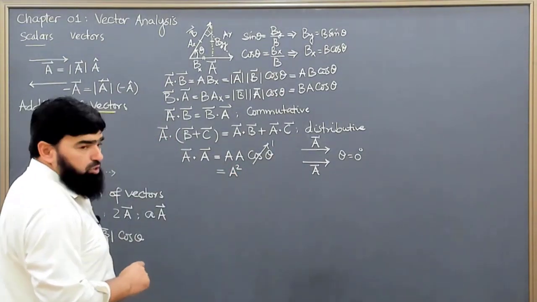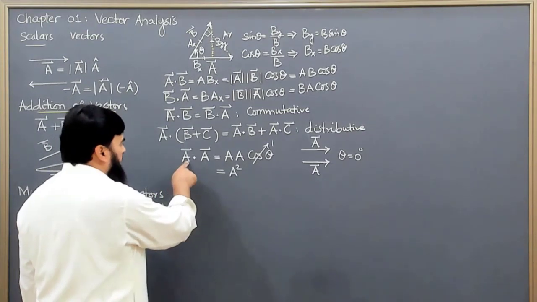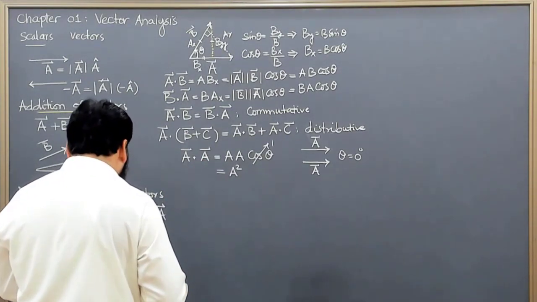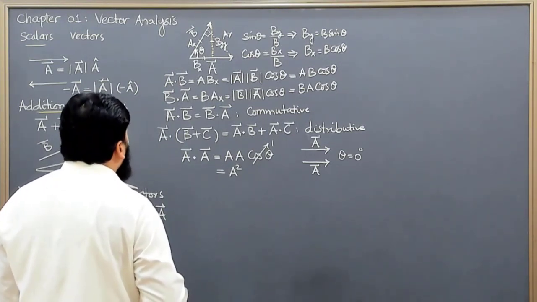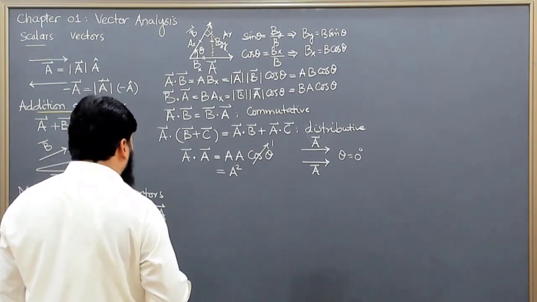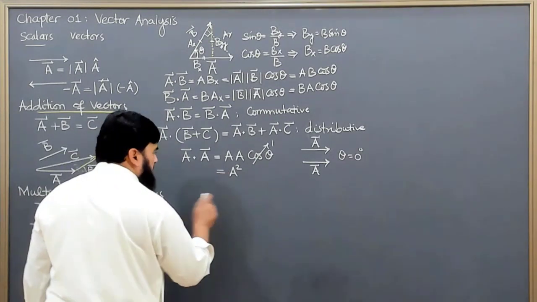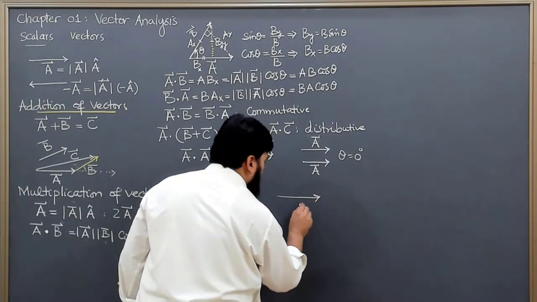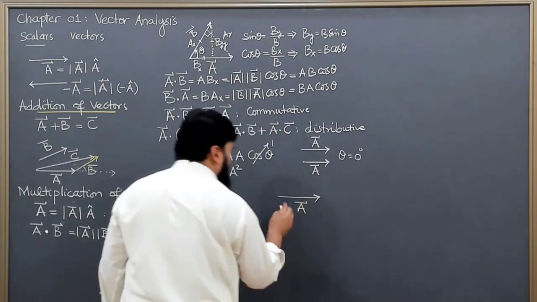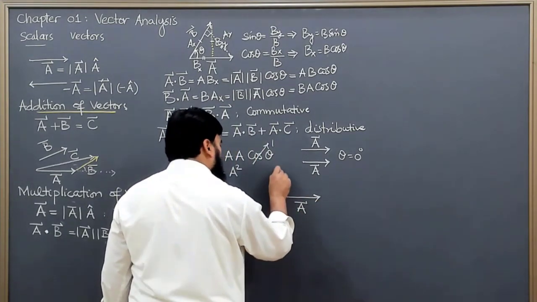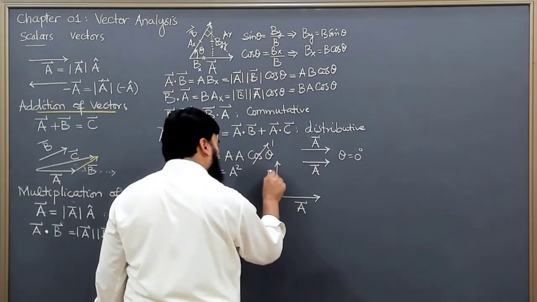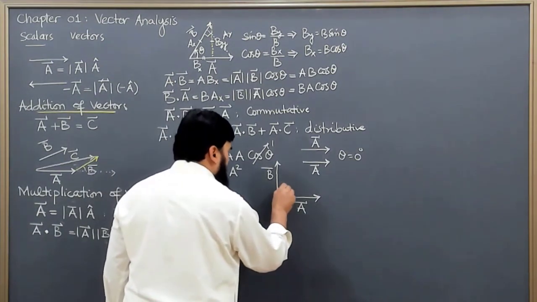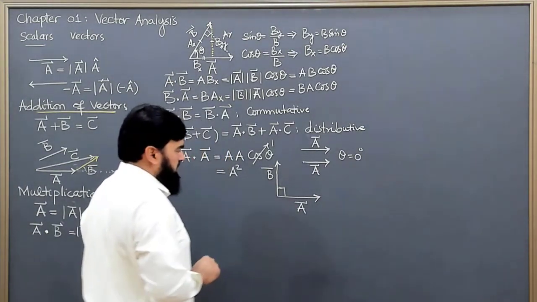Just like numbers. If this is 2 in magnitude, so this will be equal to 2 squared, equal to 4. And if I consider two vectors like this, that let's say this is vector A and another vector, vector B, is completely perpendicular to this vector, meaning their angle is 90 degrees.